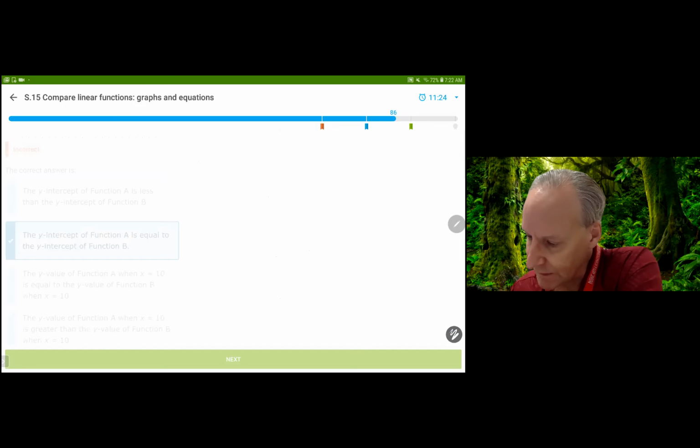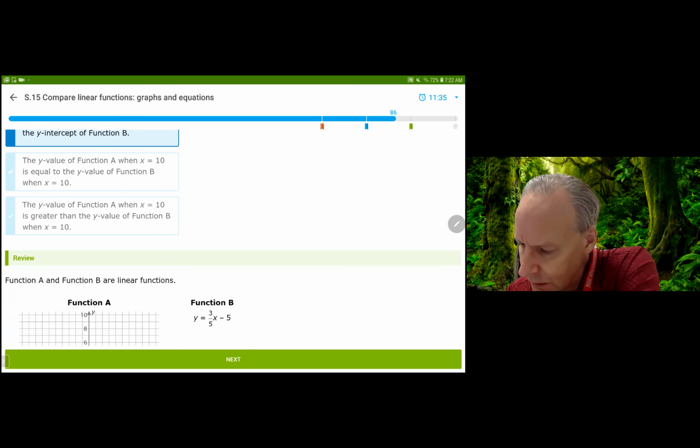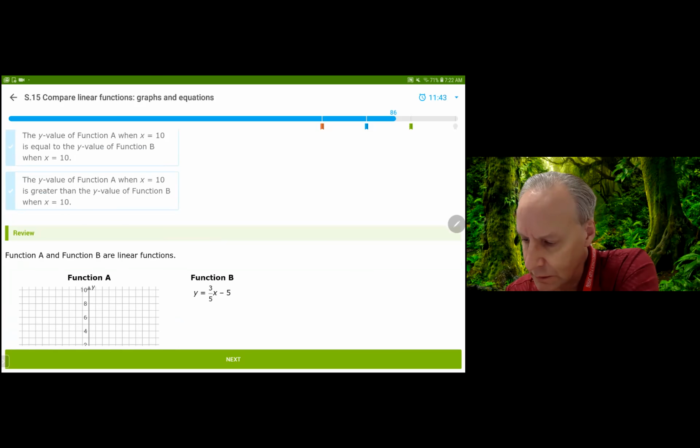Okay, what did I mess up? The y value of function a when x equals 10 is greater than the y value of function b when x equals 10. That's true. No, it's not. 10 gives me 6 minus 5.